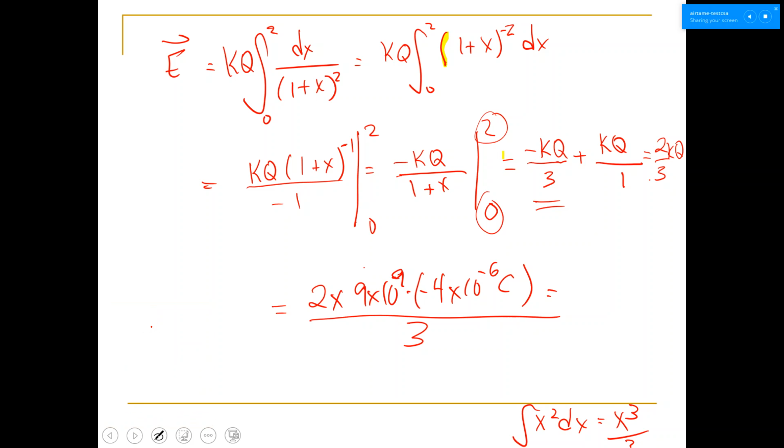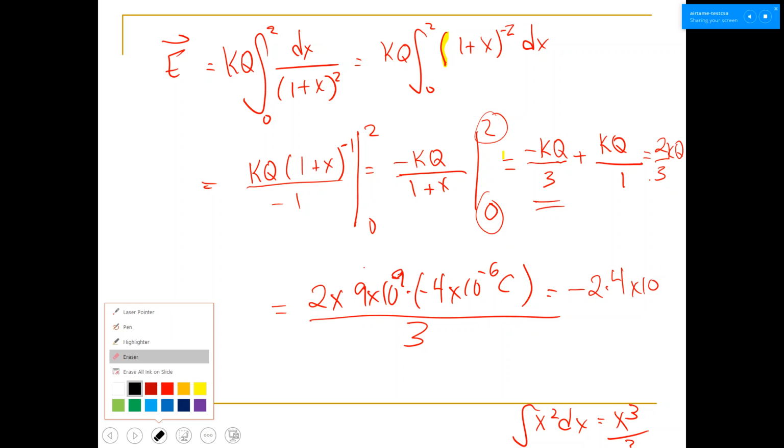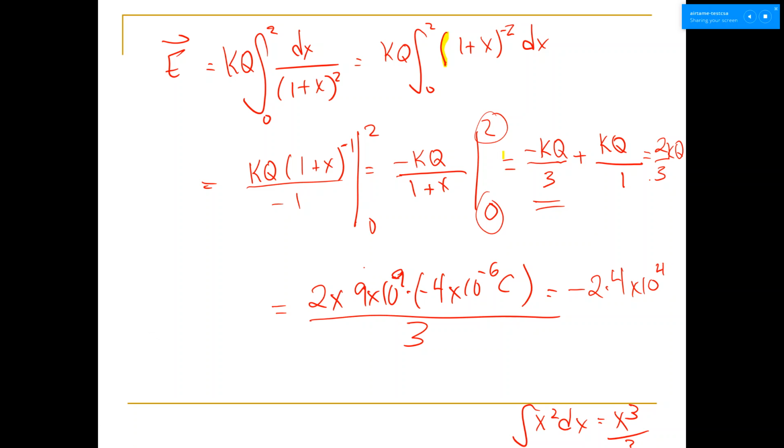Did someone punch this in? Give me an answer. How much? Minus 24,000? Newtons per coulomb.